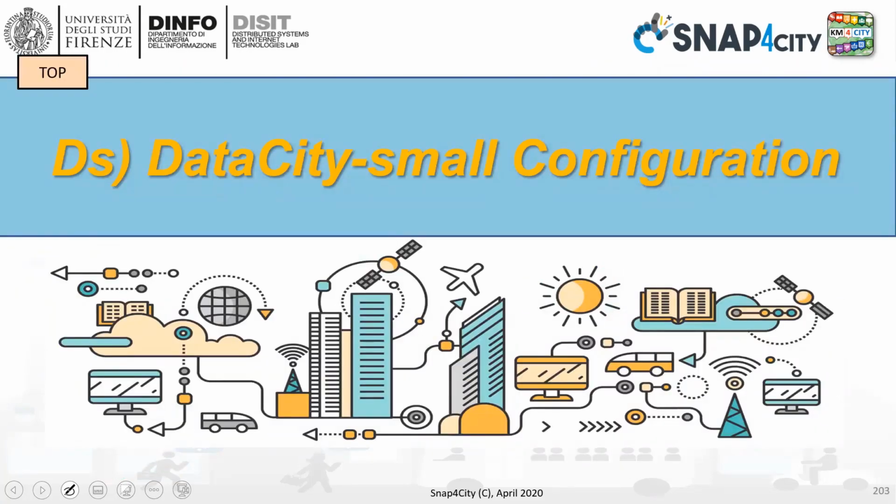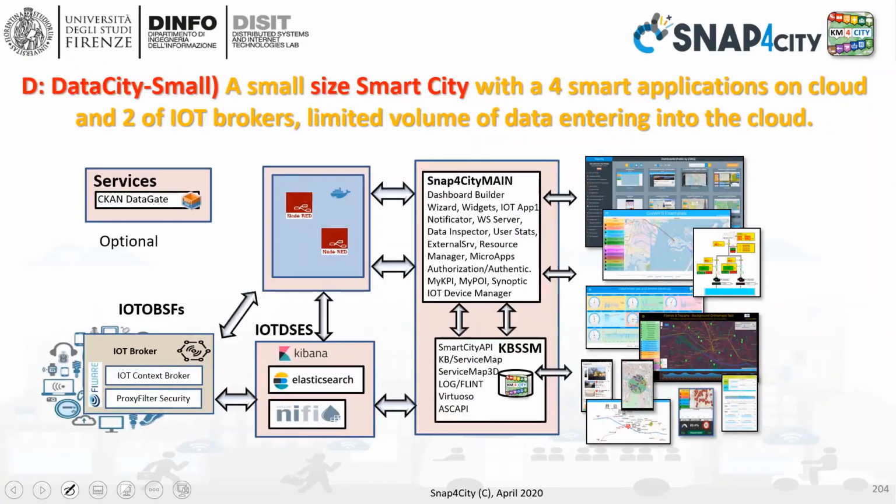So the DataCity small configuration may be, as represented here, an instance of a reduced version with respect to the previous one, without the graphics, without the GIS, and with only one virtual machine with the Node-RED, with limited capability on IoT app, but with the same IoT DSS.